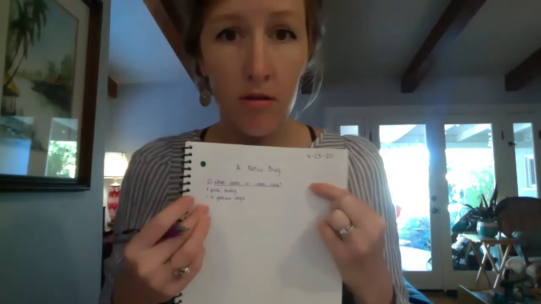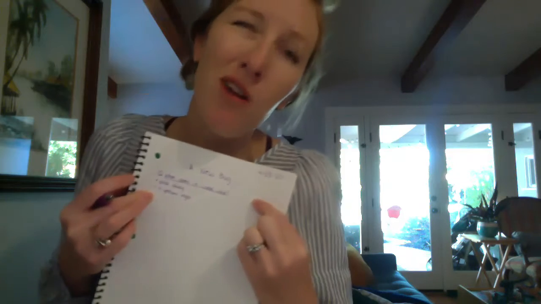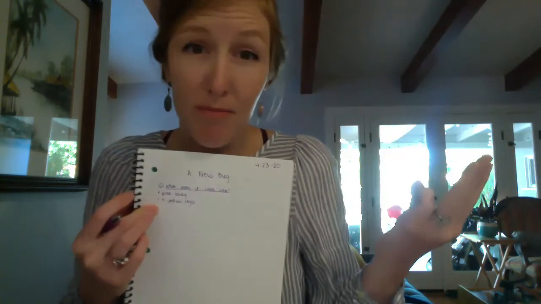I want you to do the same thing right now. I want at least 3 details. Even more is better, but at least 3. All right, so pause, make your list describing the bug that you created, and then press play when you're ready to move on.